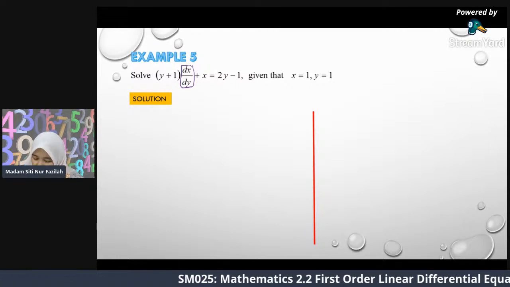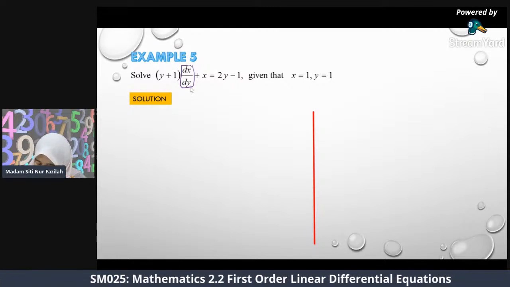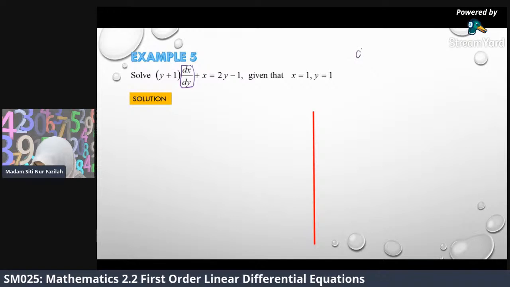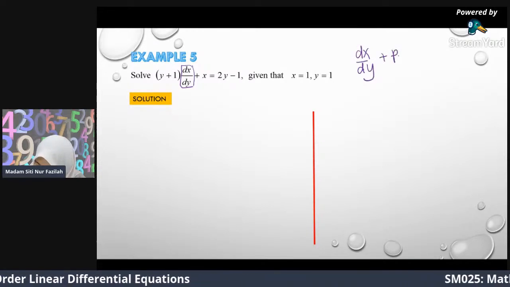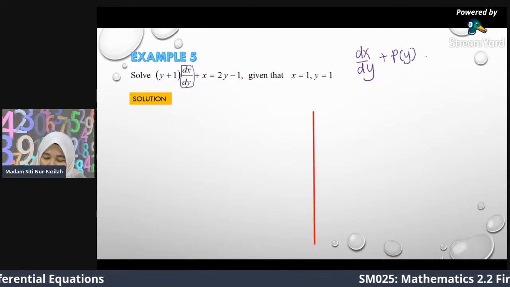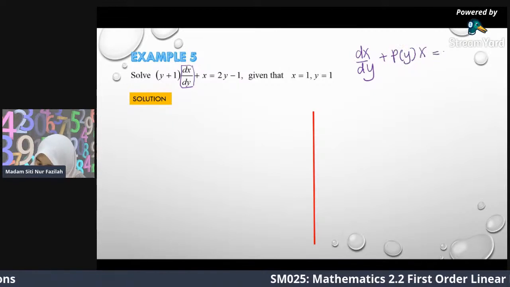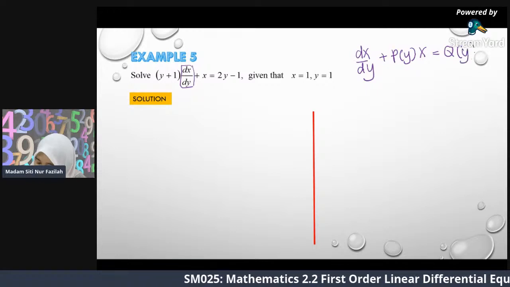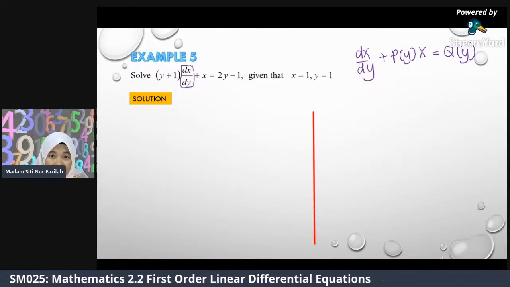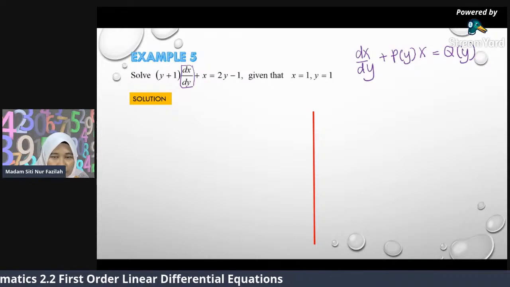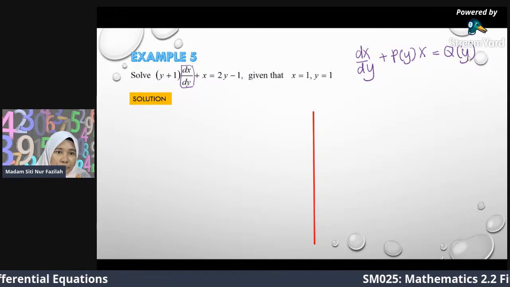When our derivative is dx/dy, that means the standard form is dx/dy + p(y)x = q(y).